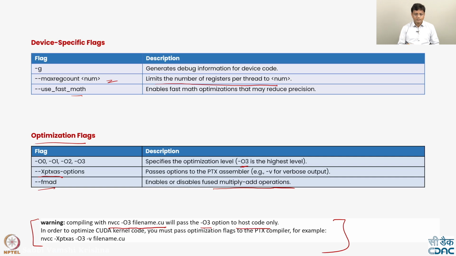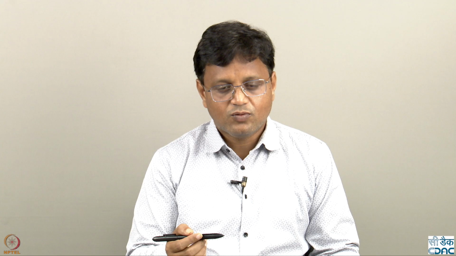If you want your code to be optimized for the GPU, then this is the correct way to pass it: --Xptxas -O3. You have to pass this because CUDA is based on the PTX assembler.